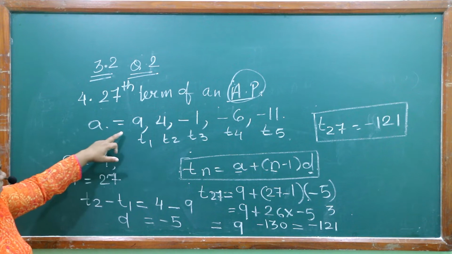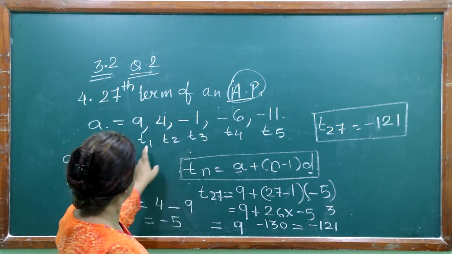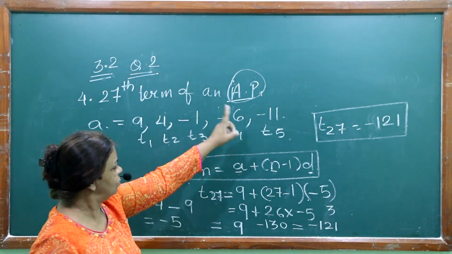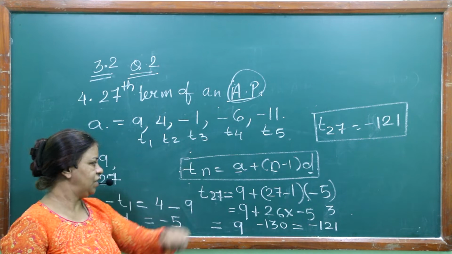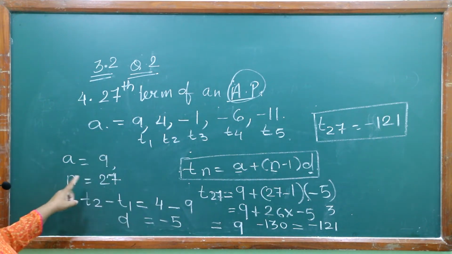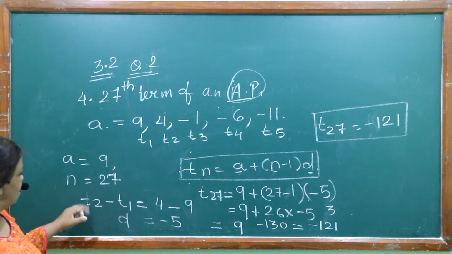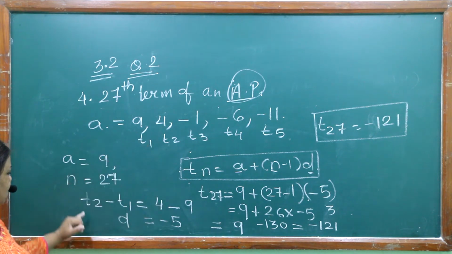Let us check if there is any mistake. 9, 4, minus 1, minus 6, T1, T2, T3, T4, T5. Tn is A plus n minus 1 into D. A is 9, n is 27 and D is T2 minus T1.